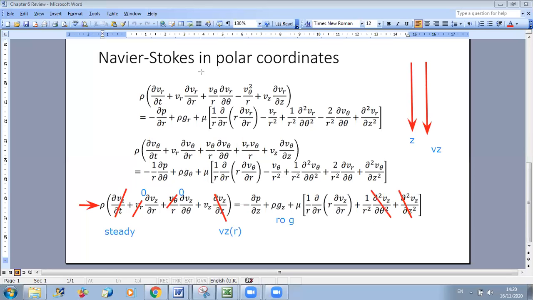So our equation reduces to minus del P by del Z plus rho G plus mu times 1 over R del by del R of R del Vz by del R. Now what about this term, what about del P by del Z?